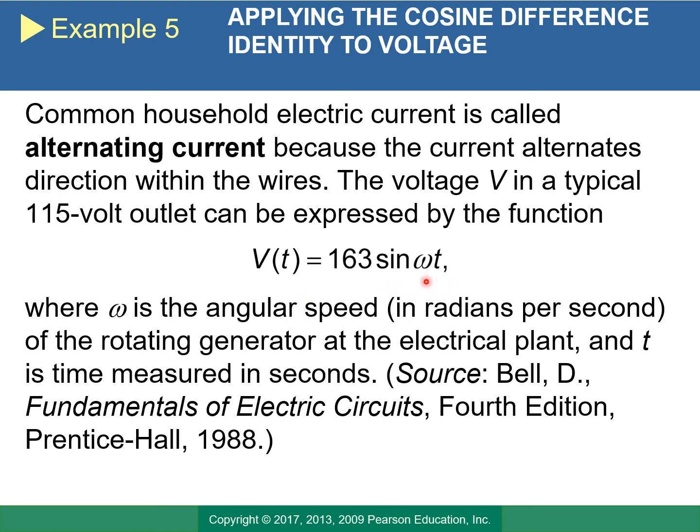Here omega is the Greek letter omega, the angular speed in radians per second of the rotating generator at the electrical plant, and t is time measured in seconds. A lot of information there, but we're basically just going to be working with this function.